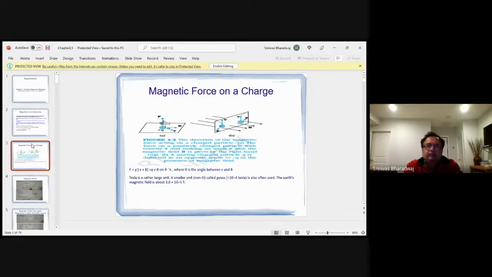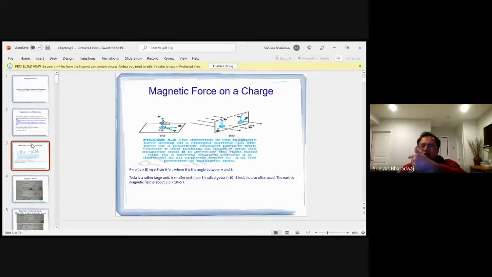So if the particle is moving this way at constant velocity, having been accelerated to a velocity by an electric field which is then removed, it is moving in this direction. Now I apply a magnetic field in this direction.